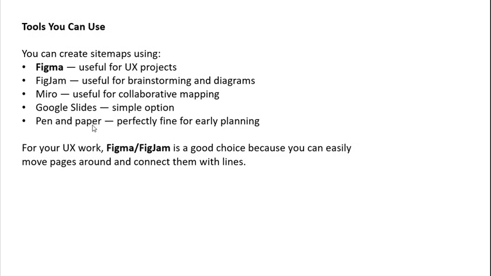Pen and paper is perfectly fine for early planning. For your UX work, Figma and FigJam are a good choice because you can easily move the pages around and connect them with lines.